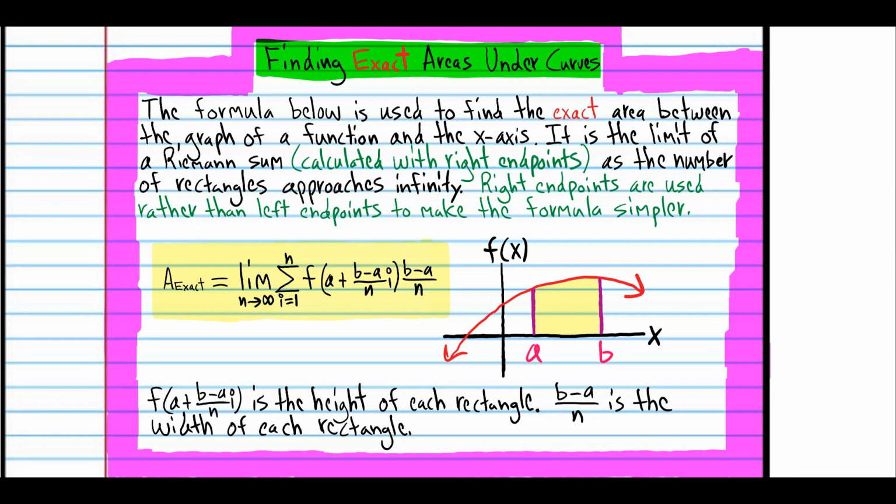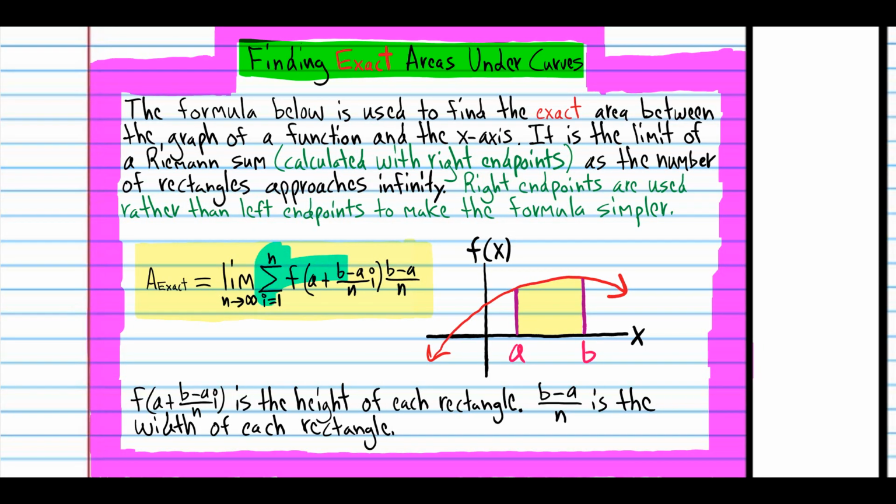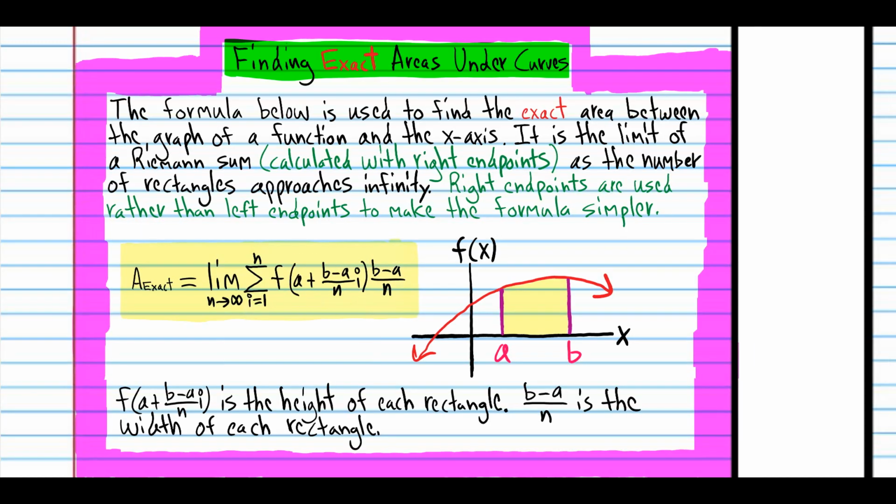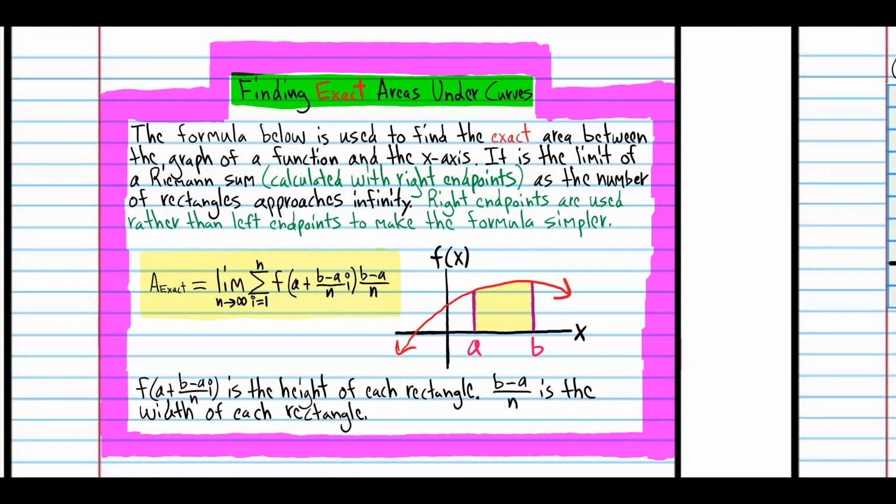All you're doing is allowing this expression, as n gets really big, to approach a number, and whatever number that's approaching, that's the exact area. It's not really that complicated. So again, this is the height of each rectangle, and this is the width of each rectangle. So I'm going to copy this because we're going to use that.